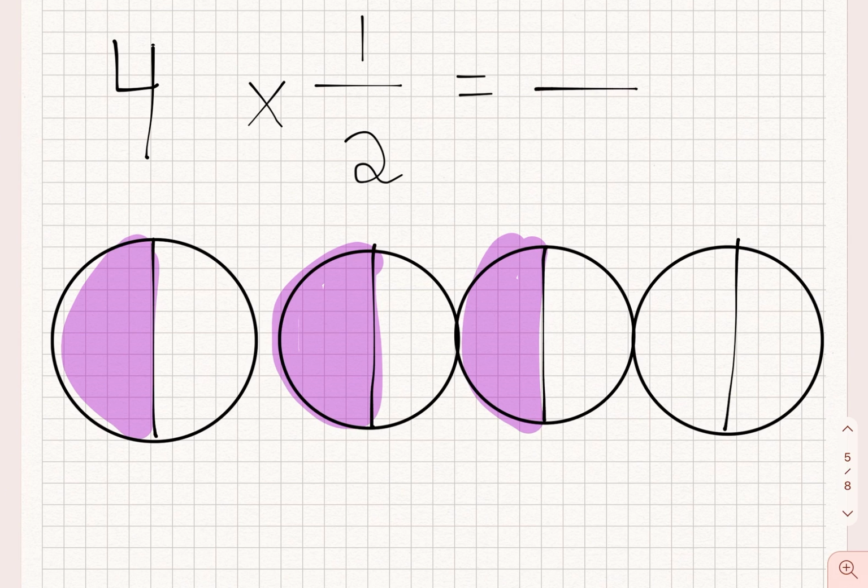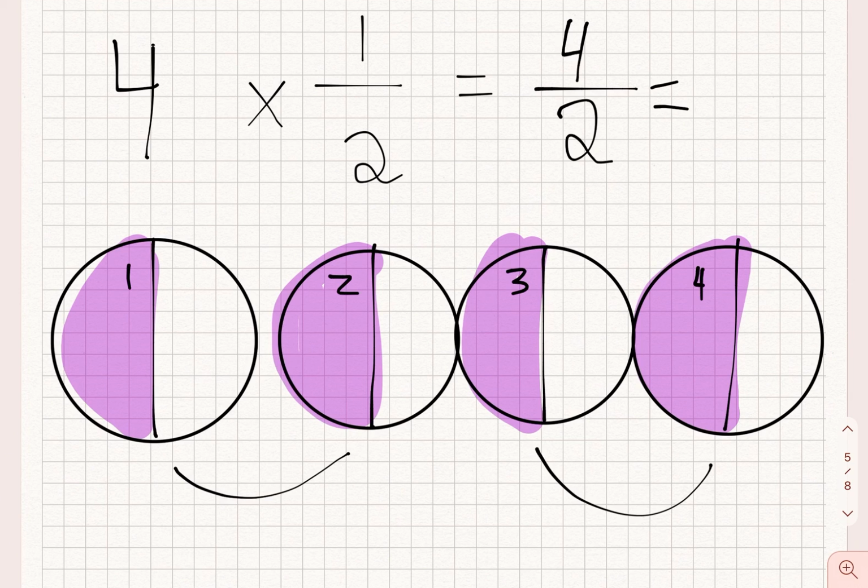And I would just count how many halves I have. I've got 1, 2, 3, 4 halves. That would be my answer, 4 halves. Or if I put those together, these 2 would make 1 whole, these 2 would make a whole, that would be 2 wholes.